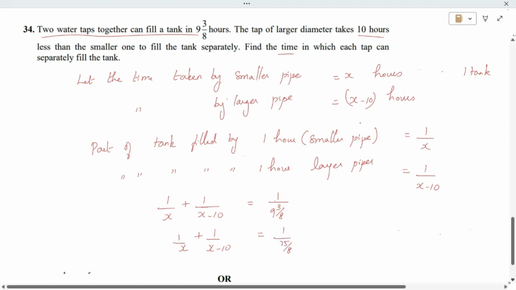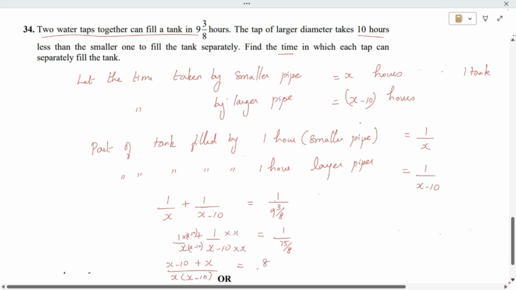So now take the LCM. So this is going to be x minus 10 plus x by x into x minus 10, isn't it? So I don't have x minus 10 here, so I'm multiplying by x minus 10, and here I am multiplying by x if I take a LCM, isn't it?